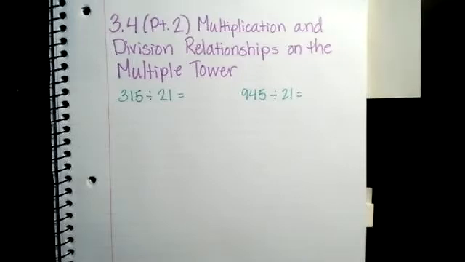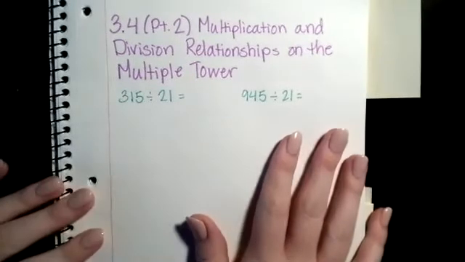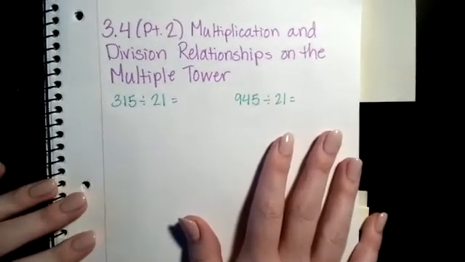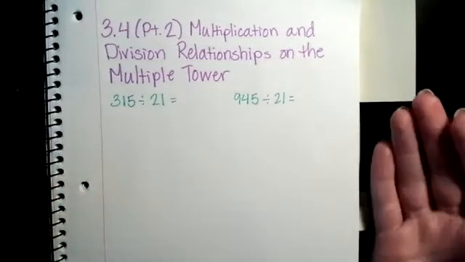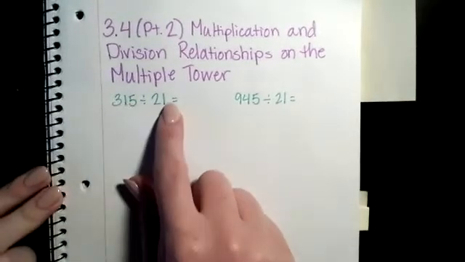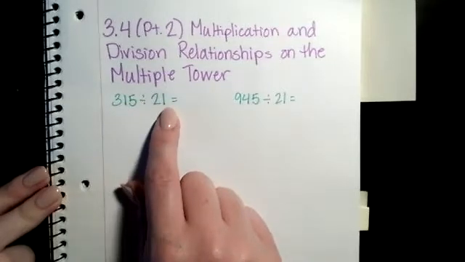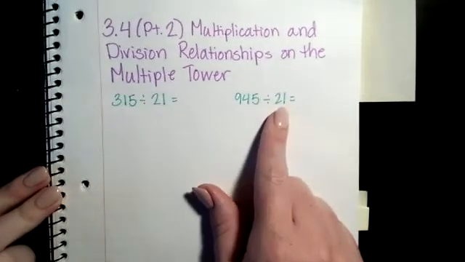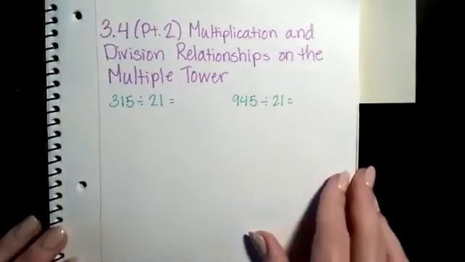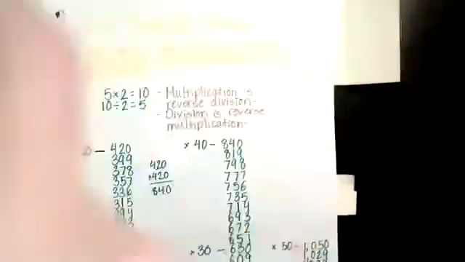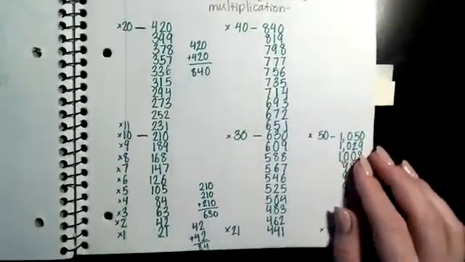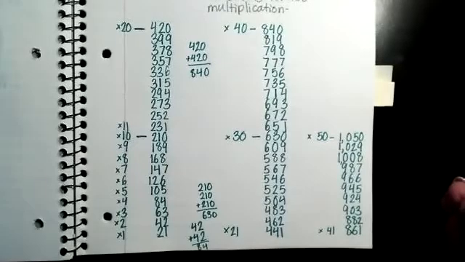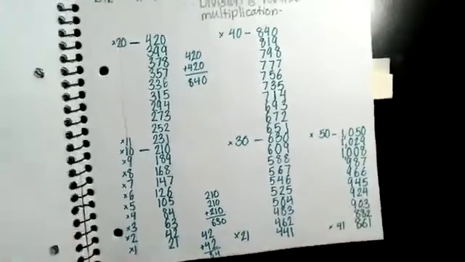already understand. All right, so when we did our multiple tower before, we went all the way up to, I think, over 1,000 in our multiples. So we could solve these problems, 315 divided by 21 and 945 divided by 21. We could solve those pretty quickly because all I need to do is go to my multiple tower, which I put a handy little tab here on, and I can find those multiples and figure out what we multiplied to get there.